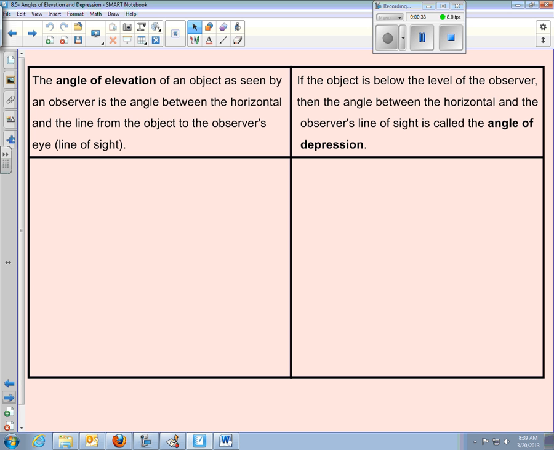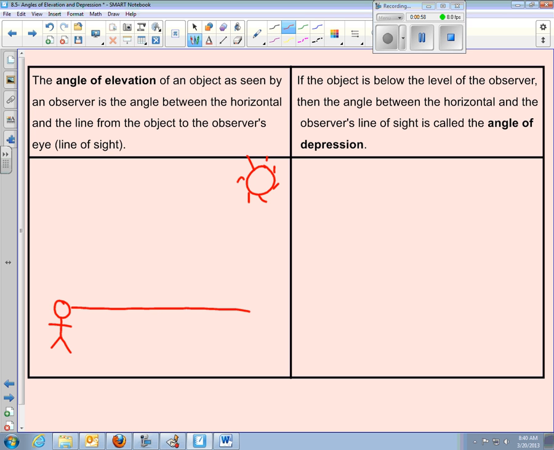So let's first define. The angle of elevation of an object as seen by an observer is the angle between the horizontal line and the line from the object to the observer's eye, which is their line of sight. So if we draw a little picture, first off, there's you, and you have a line of sight, which is horizontal. And let's say that we're looking at the sun.